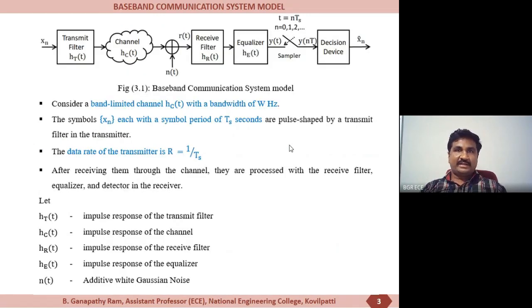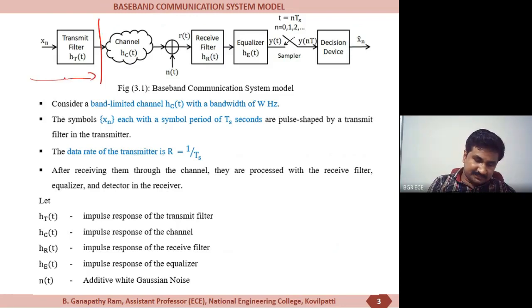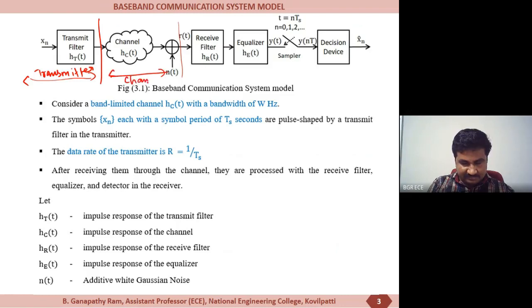So let us start with the model of a baseband communication system, in which we are going to consider three parts. One is the transmitter part, the next is the channel part, and the next is the receiver part.